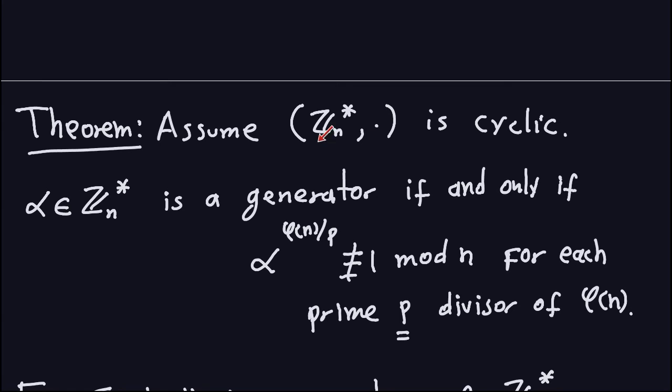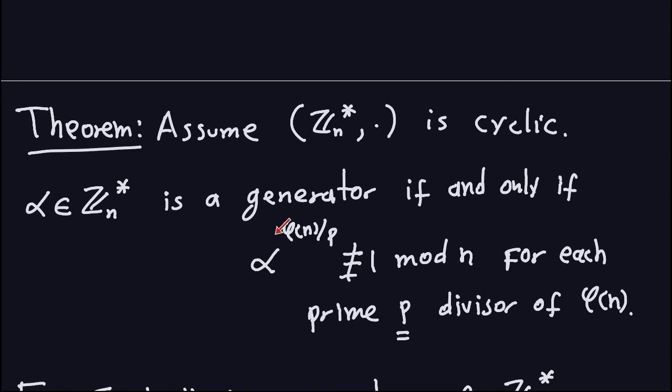So what are the generators here? The generators are elements of this n star. They have to satisfy this condition: when I take that element alpha, whatever the element is, to the power phi n divided by p. Now, phi n, if you don't recall, is the Euler function, the number of numbers between 1 and n that are relatively prime to n.